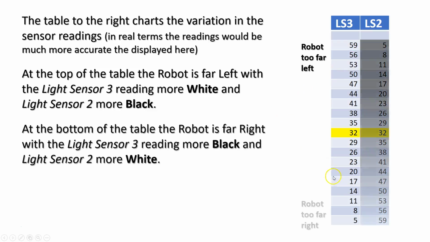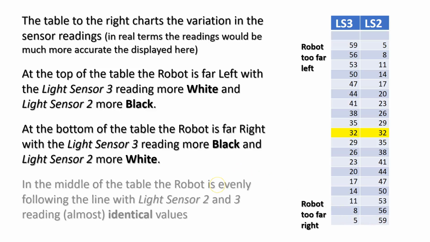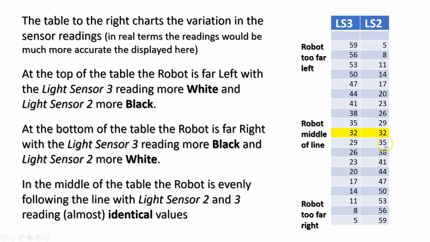At the bottom of the table, the robot is far right, and light sensor 3 is seeing more black, whereas light sensor 2 is now seeing more white. And again, when the robot is in the middle, light sensors 2 and 3 read almost identical.